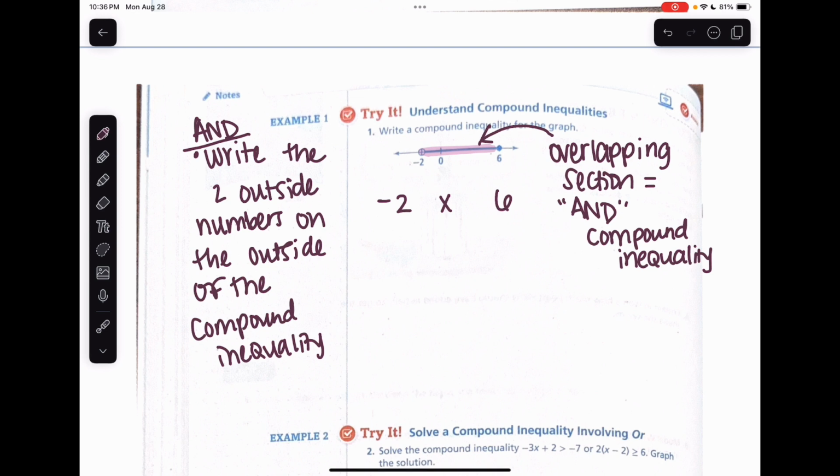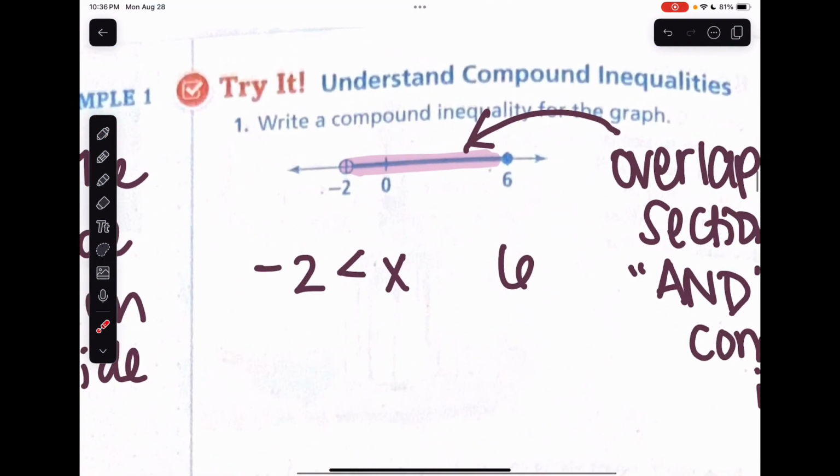Then I'm just going to go by what my symbols are telling me. If I have an open circle and it's shaded to the right, then for X anyway, X is going to be greater than that -2, right? So I'm going to have my symbol open up to X. Then I look at my other symbol, and I have this closed circle.